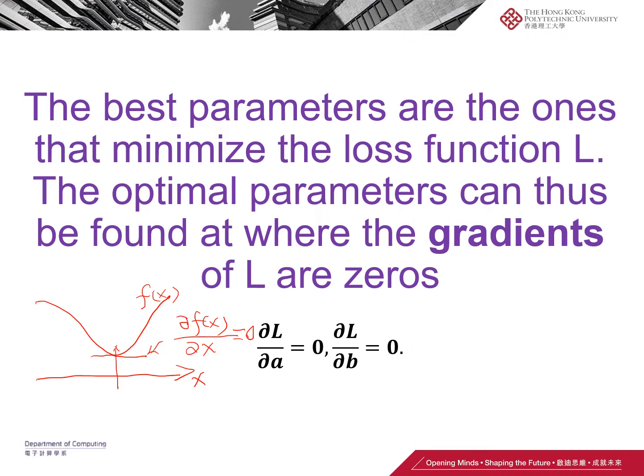Right now we are actually working in two-dimensional space, but the idea is the same. If we're looking for the minimal L, that means for A and B, that's where the minimum is located, at where the partial derivatives with respect to A and B are respectively equal to zero.